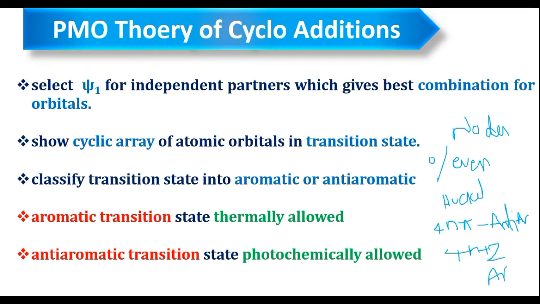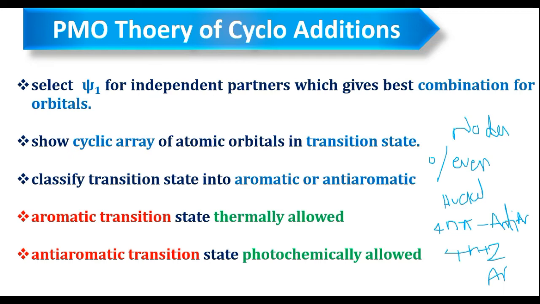So when the number of nodes is 0 or even, that system is called a Huckel system, and if the pi system has 4n pi electrons, it is called a Huckel anti-aromatic transition state. If the pi system has 4n+2 pi electrons, then it is called a Huckel aromatic transition state.